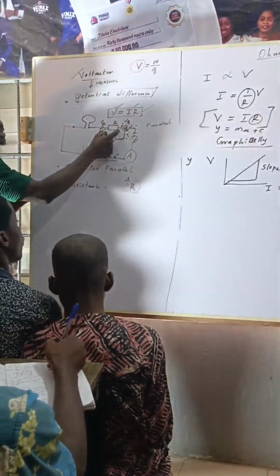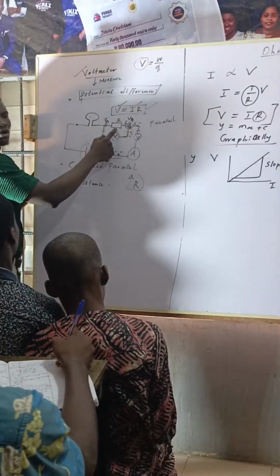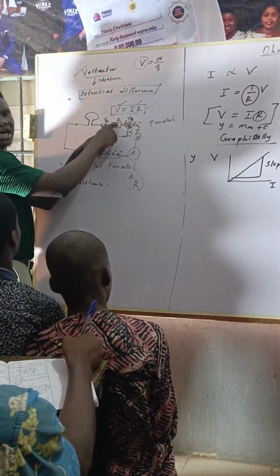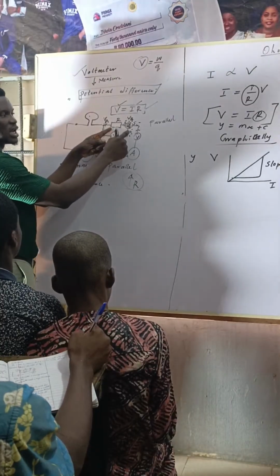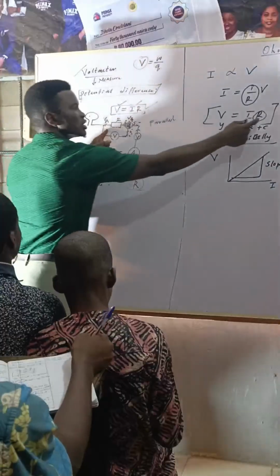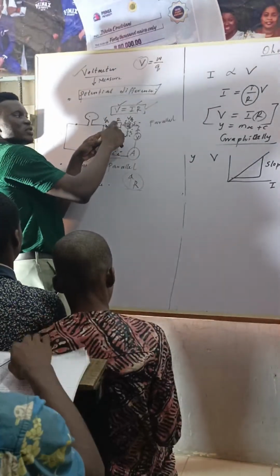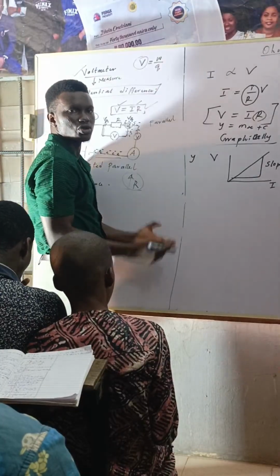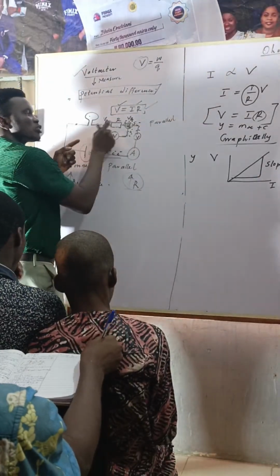So if I want to get the work done across this, all I need to know is the current that is flowing in this place, and that's why we needed something that will not draw the current away. So the current flowing here and the resistance of that resistor, then we can calculate the work done. Do you get that? So we can calculate what work has been done.